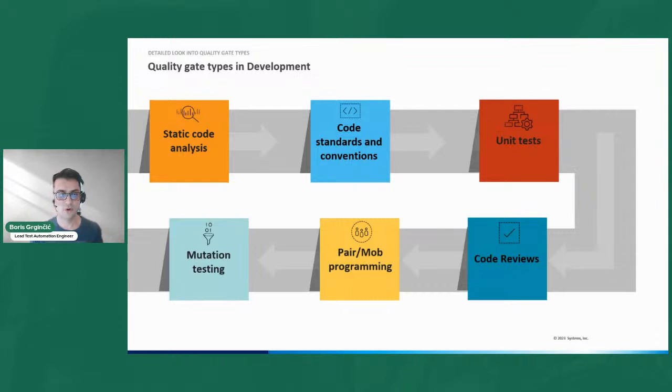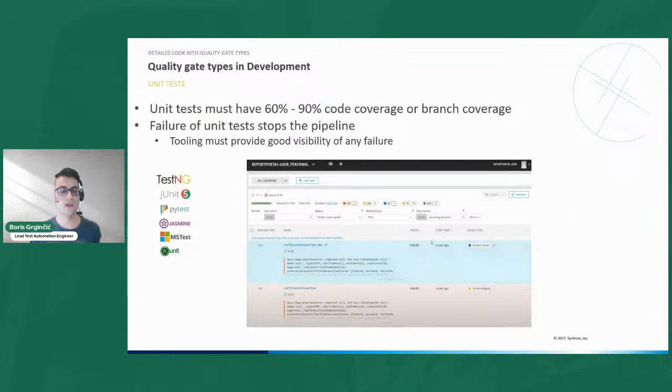Then we have code reviews, pair or even mob programming, which is a popular thing in recent years. And finally, mutation testing, maybe as an extension to the unit tests. Well, all of these might help you. Again, not all of them you may want to implement in your project, but let's look at some practical examples of how it may look.